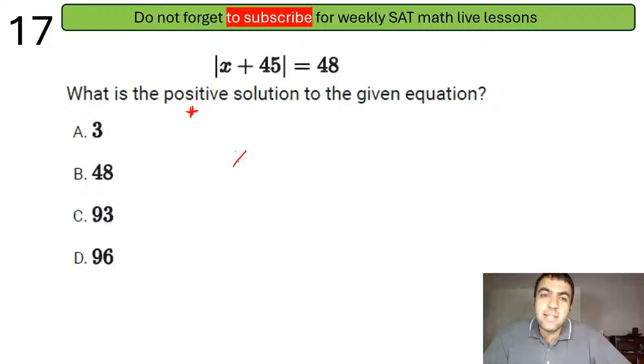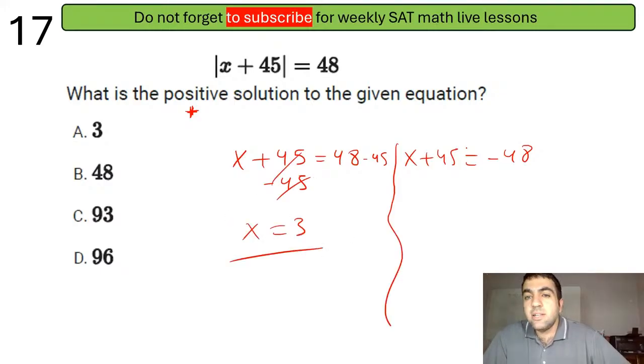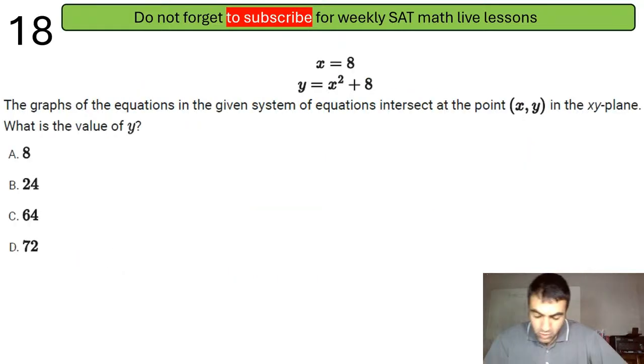X plus 45 is equal to 48 and x plus 45 is equal to negative 48. Let's subtract 45 from both sides of the equations. X is equal to 3 and here x is equal to negative 93, right? But we are asked to find the positive solution, so we should take 3. You were right, guys.